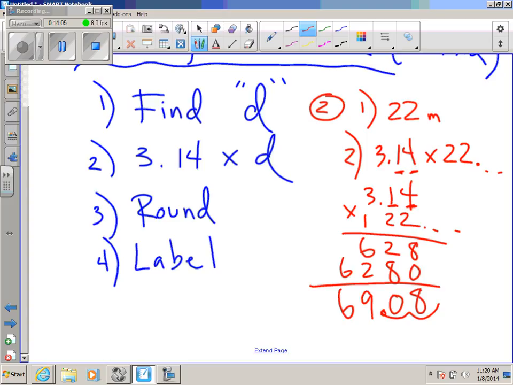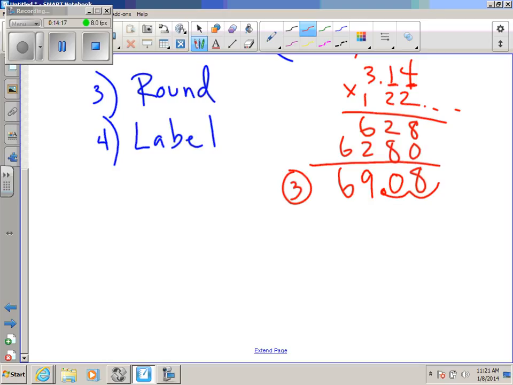All right, now, what is it that they're asking us to round to? Let's get that straight. Liam, nearest hundredth. So as I look at 69.08, here's my step 3. What digit represents my 100th place? Liam.